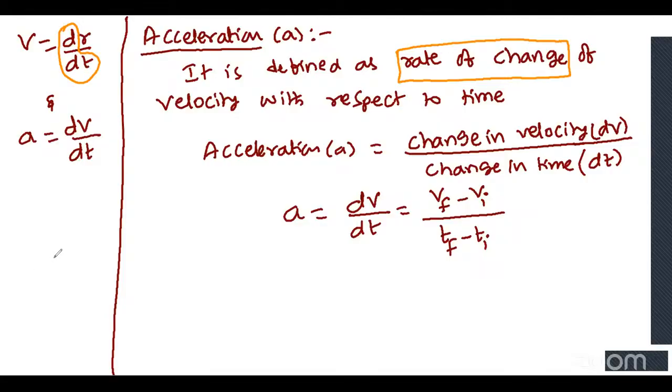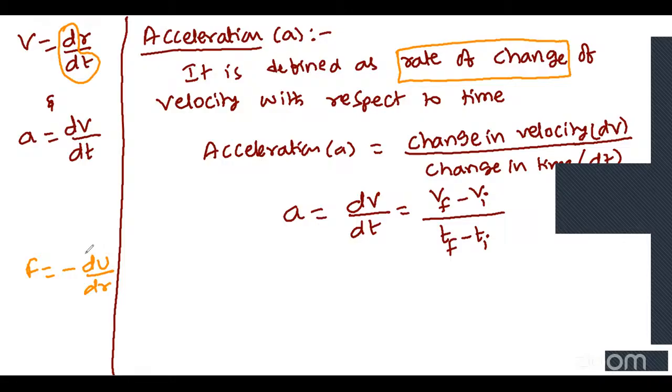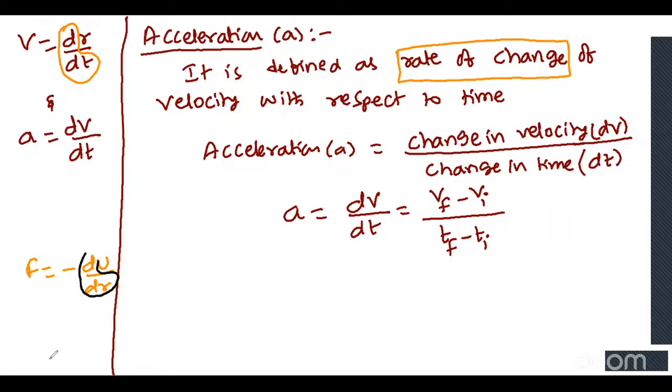So we'll write F equal to minus du by dr. Here, potential energy is varying with respect to the position, so this we can call potential gradient.